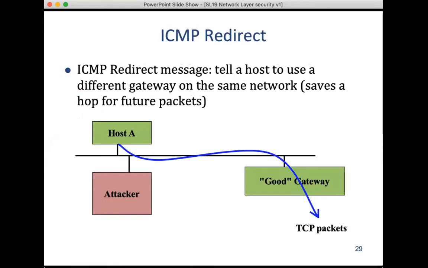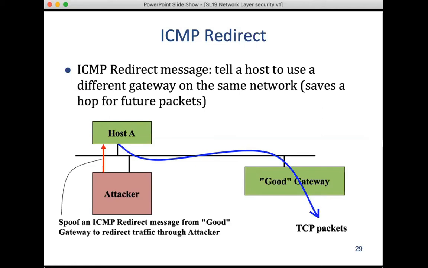First one is the ICMP redirect attack, based on the ICMP redirect message. This message tells a host to use a different gateway on the same network. The diagram shows a normal path through a good gateway. Now the attacker can spoof an ICMP redirect message from the good gateway to redirect traffic to the attacker.